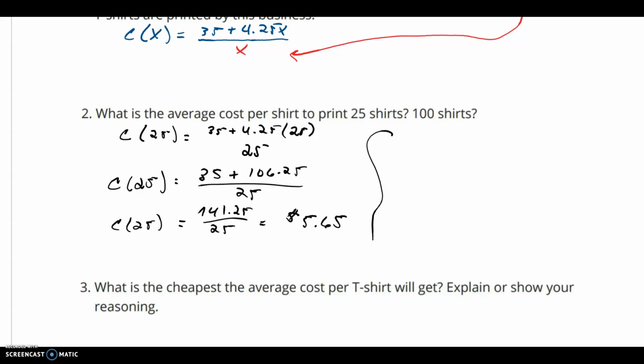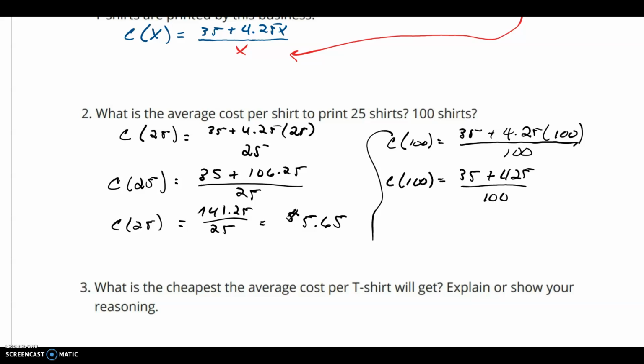Now, if we want to know for 100 t-shirts, I'm going to do the exact same thing. The only difference is I'm going to substitute 100 in. So C of 100 is equal to 35 plus the $4.25 for every t-shirt, and we have 100 of them, divided by the number of t-shirts, 100. $4.25 times 100 is 425, plus 35, all divided by 100. 35 plus 425 comes out to be 460. $460 divided by 100 is equal to $4.60 per t-shirt.